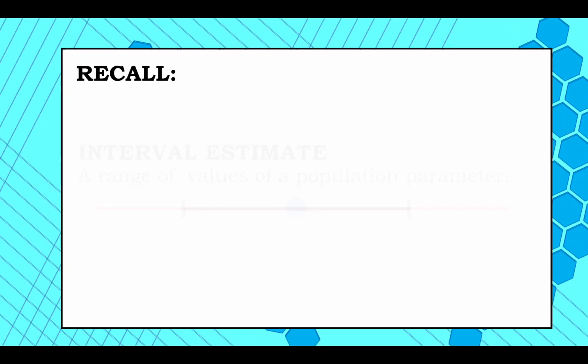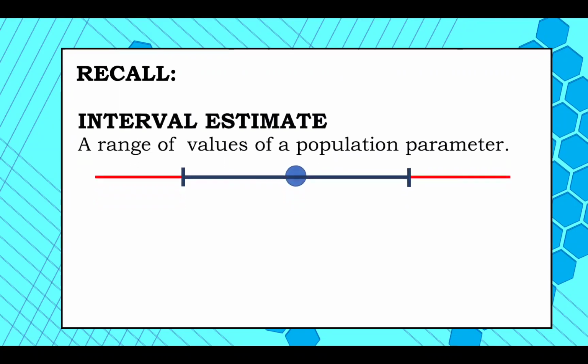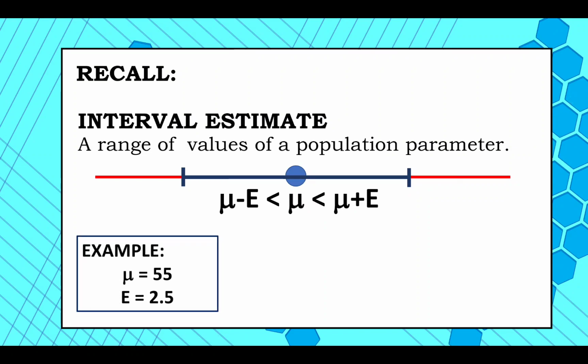Again, as a recall, an interval estimate is a range of values of a population parameter. It has a lower limit equal to the mean minus the margin of error, and the upper limit is equal to the mean plus the margin of error. For example, if we have a mean of 55 and an error of 2.5, our lower limit is equal to mean minus error, which is 55 minus 2.5.